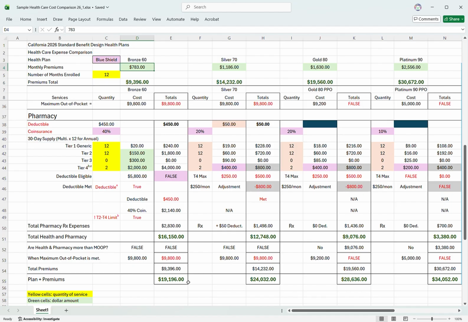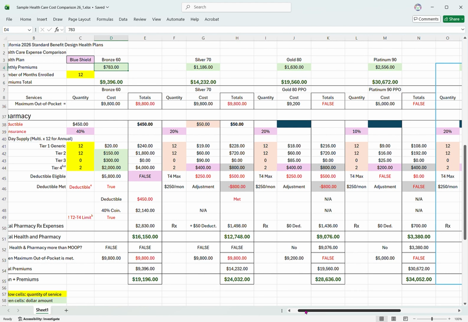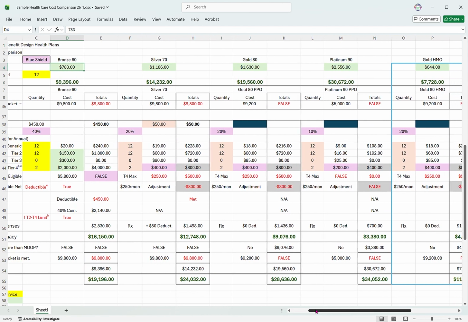So plan plus premiums is $19,196. Under the silver plan, the maximum out of pocket had been met, plus the premiums of $14,000. So that individual is looking at $24,000 for the silver plan.